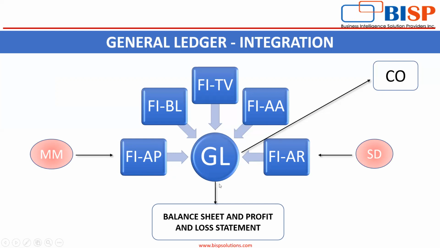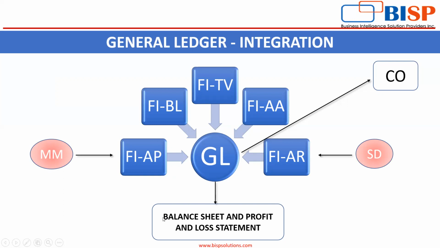So for the purpose of drafting financial statements, we get master data from GL through the process of integration of all revenues, expenses, assets, liabilities maintained by these modules as well as maintained by GL. We create data, and all this data is then presented in the form of financial statements.